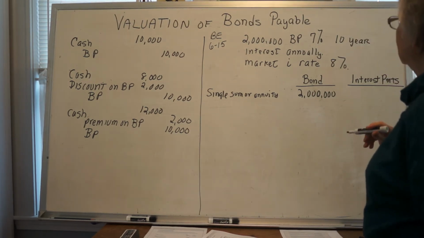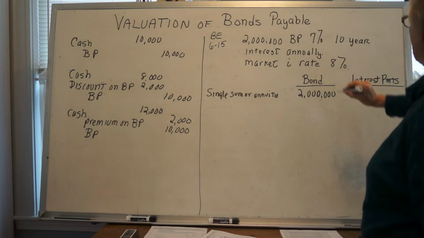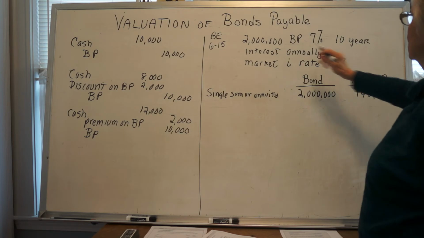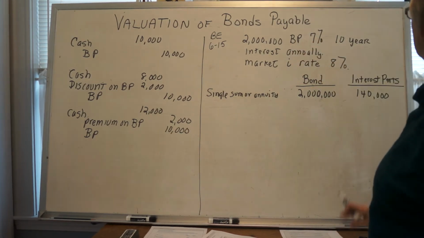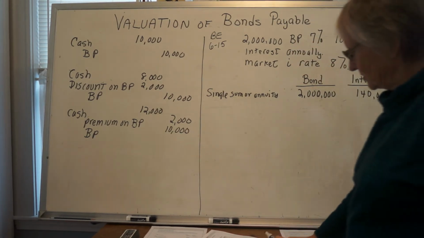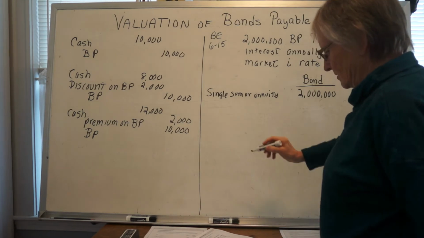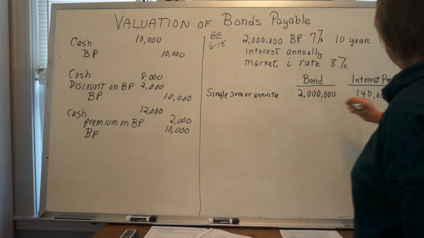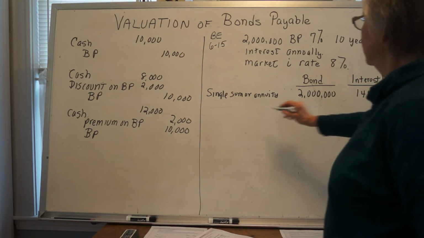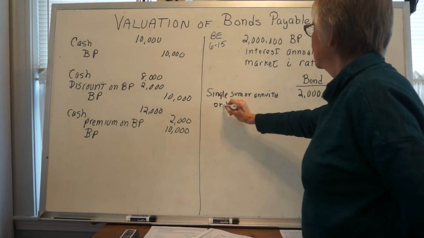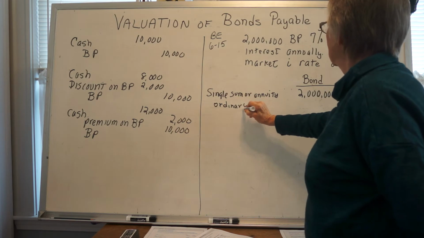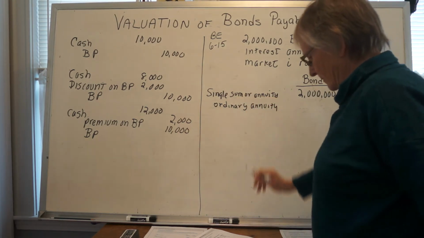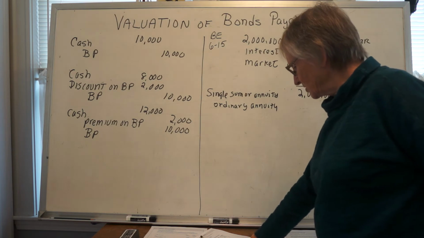So we would get the interest payments of $140,000. That's just the $2 million times 7%. And then we would say, okay, is it an annuity or an annuity due? It's going to be an ordinary annuity, because it's paid at the end of each year. I think it says that in the problem. And with bonds, that would generally be the case.